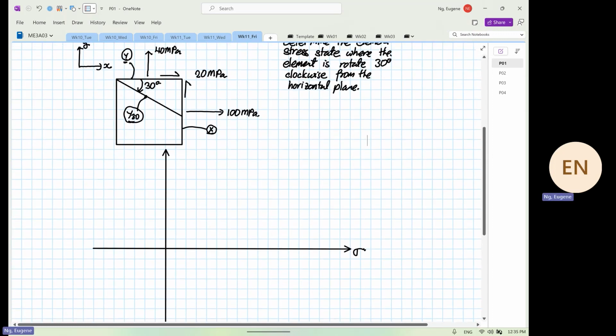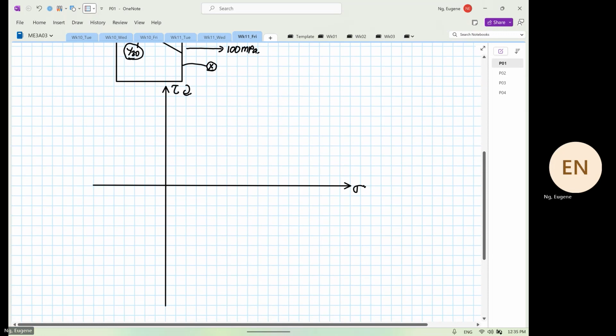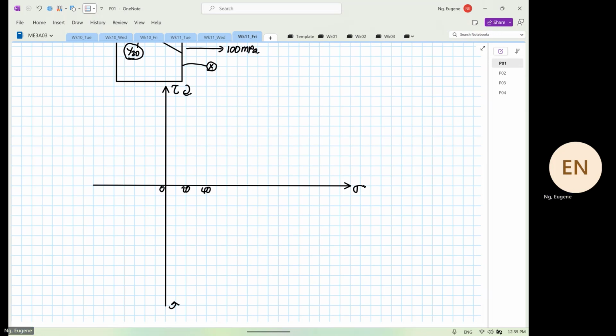So this is our shear, and you all know now the shear, this is element rotate clockwise. Over here is anti-clockwise. So this is 0, 20, 40, 60, 80, 100, 120, and then here minus 20, minus 40, minus 60. Then on the positive side, make sure the scales are the same again.